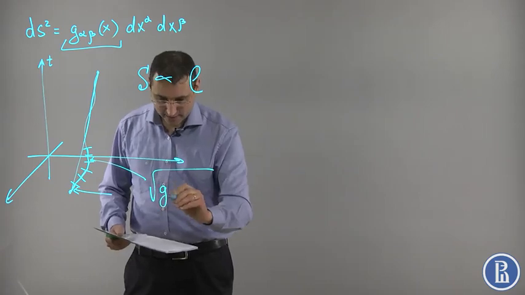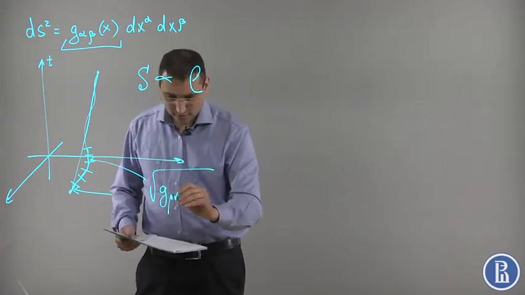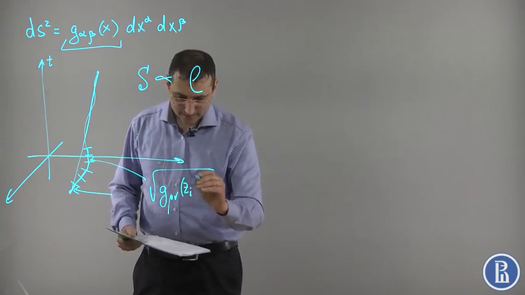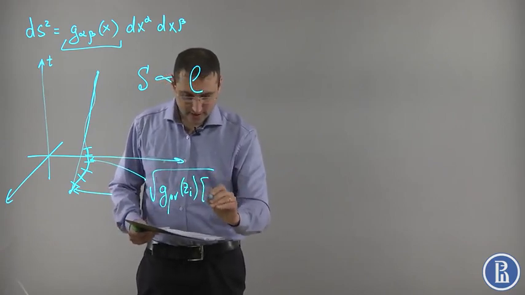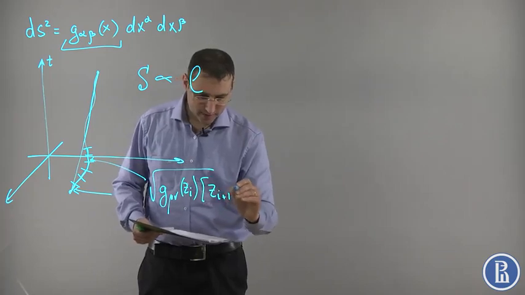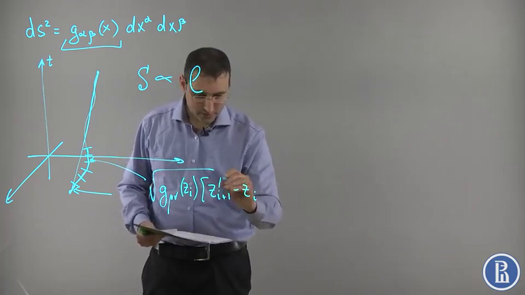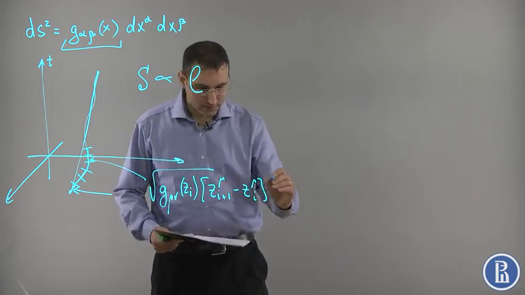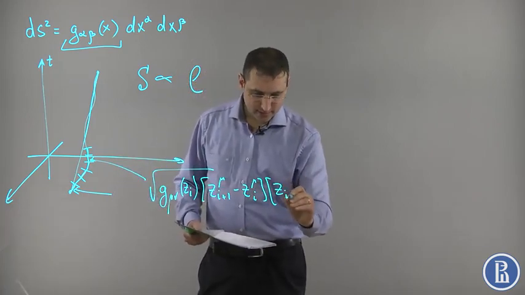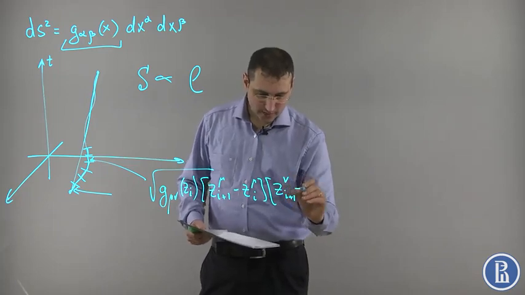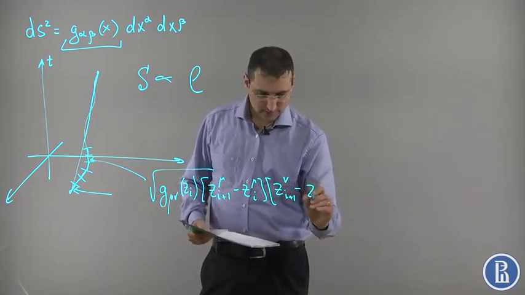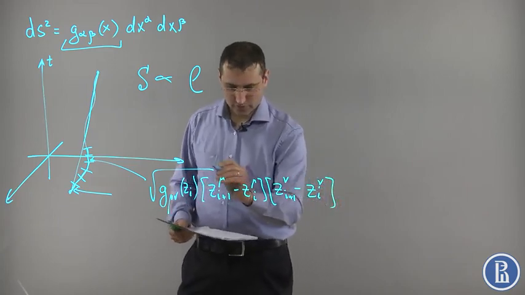The length of the i-th segment is just the square root of g_mu nu of z_i, times z_{i+1}^mu minus z_i^mu, times z_{i+1}^nu minus z_i^nu.